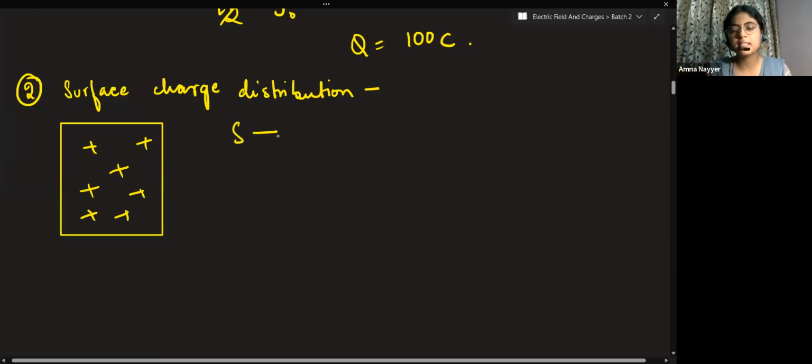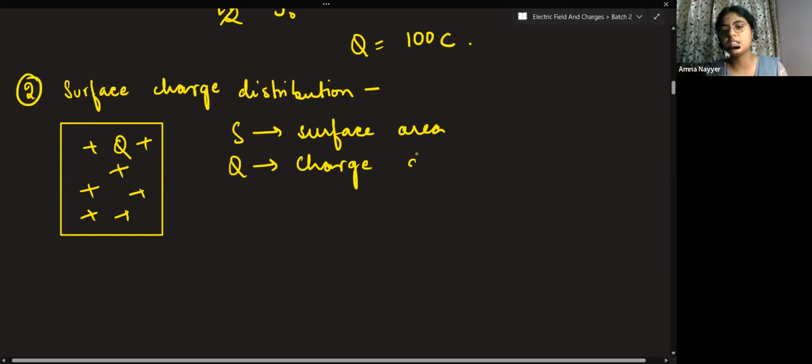Let's say S is the surface area of this plane surface, and again Q is the total charge distributed. So what is meant by surface charge distribution?